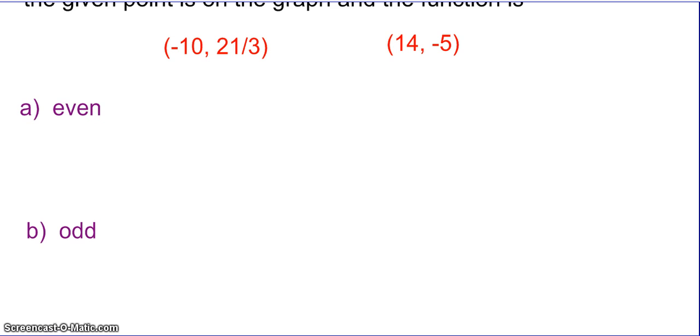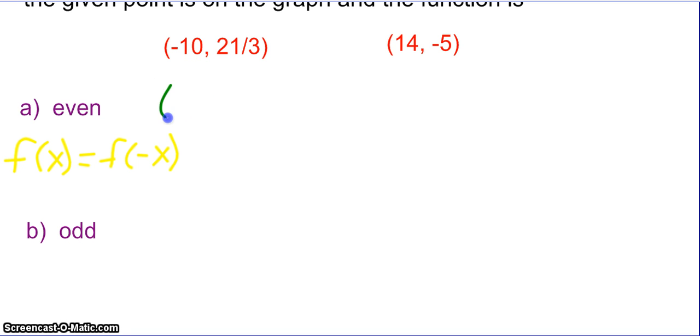Okay, so hopefully you got the answers, but we're going to go through again how to do this. If it's even, remember we know then that f of x equals f of negative x. What does that tell us? That tells us that for this point here, the y value should stay the same and the x value should just become opposite.